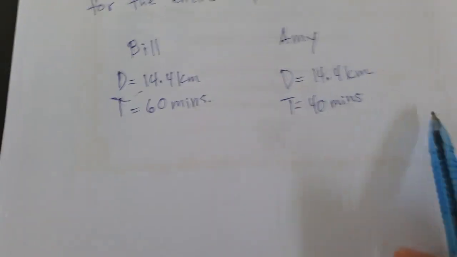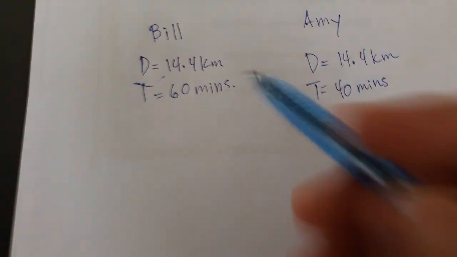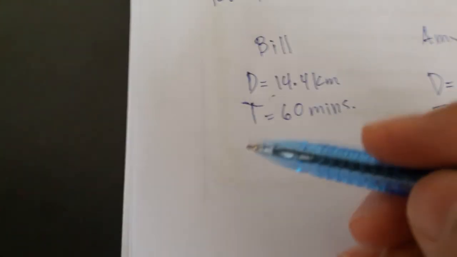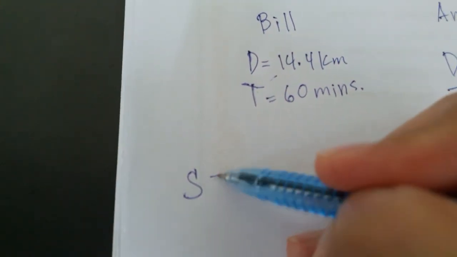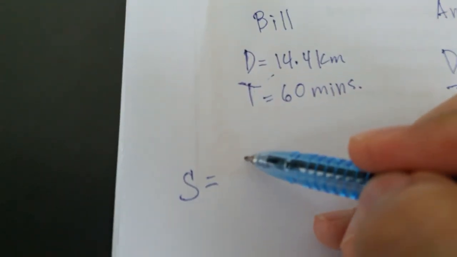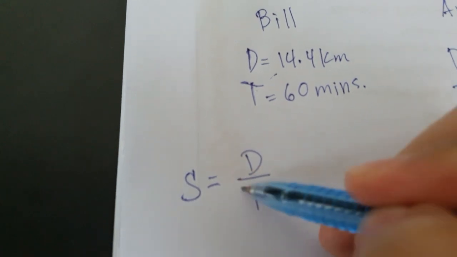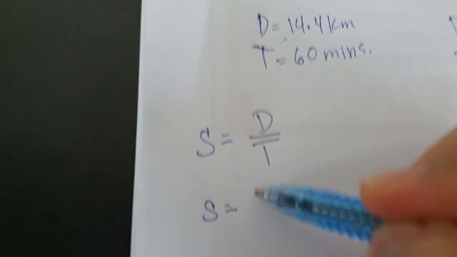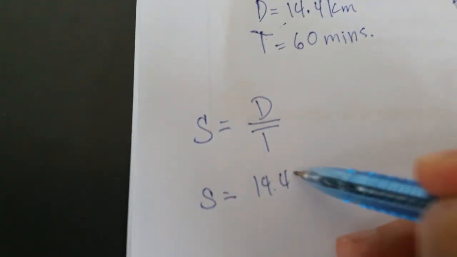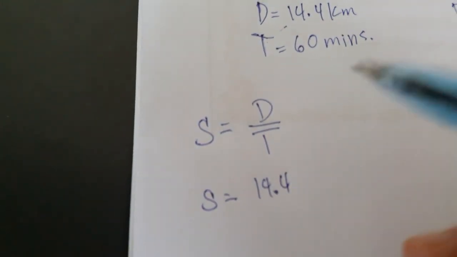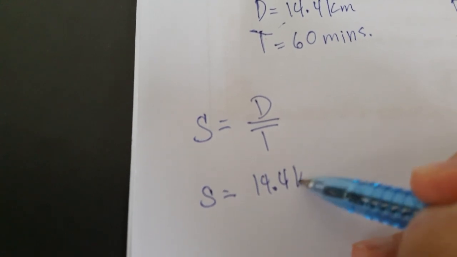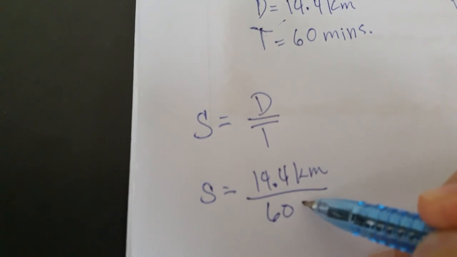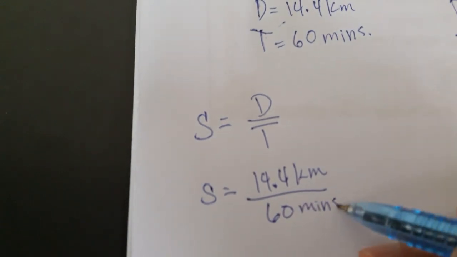So let us find first their speed. Let's find out Bill first. Distance divided by time. The distance is 14.4 kilometers, and then 60 minutes.